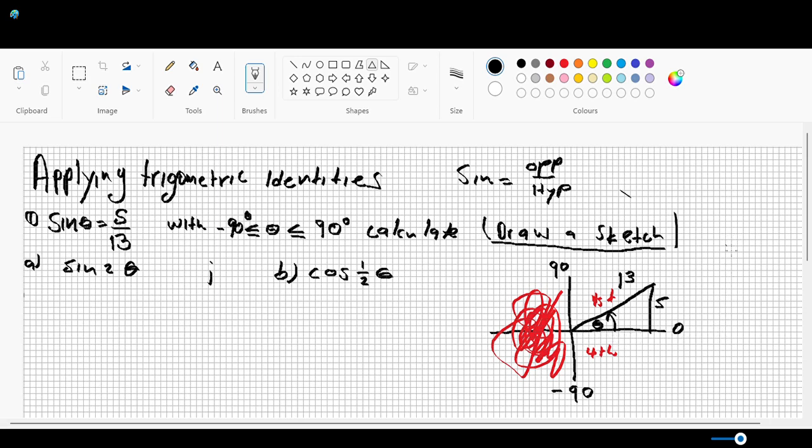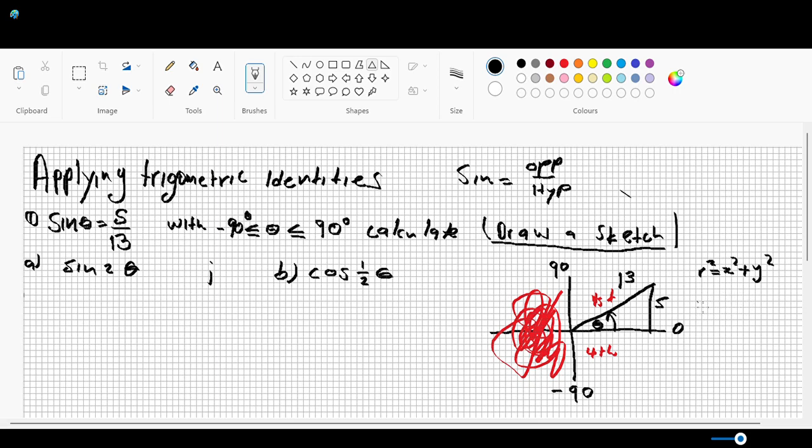Now you can calculate this adjacent side. So let's use the theorem of Pythagoras. We know that r squared is equal to x squared plus y squared, and then we are looking for x. Remember, r in this case is our hypotenuse.